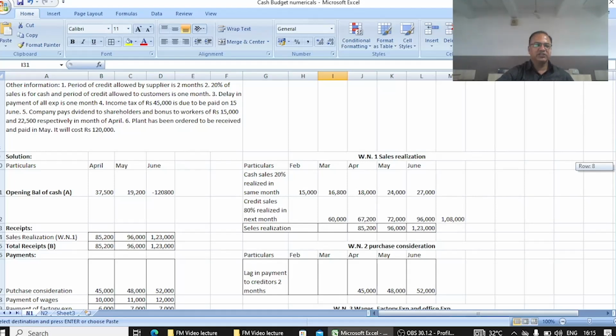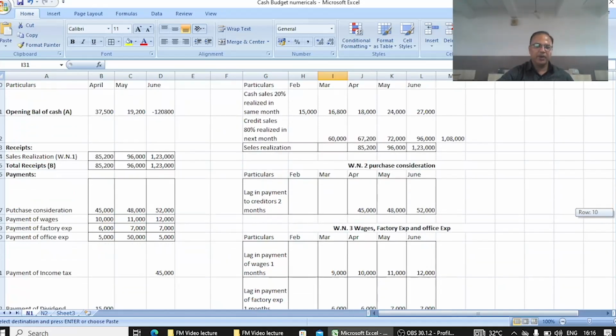To find out sales realization, we had to prepare working note number one. To find out purchase consideration, we had to prepare working note number two. And to find out the amount of wages, factory expense, and office expense, we had to prepare working note three.